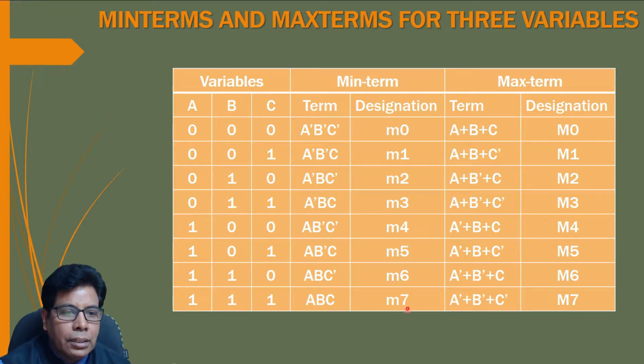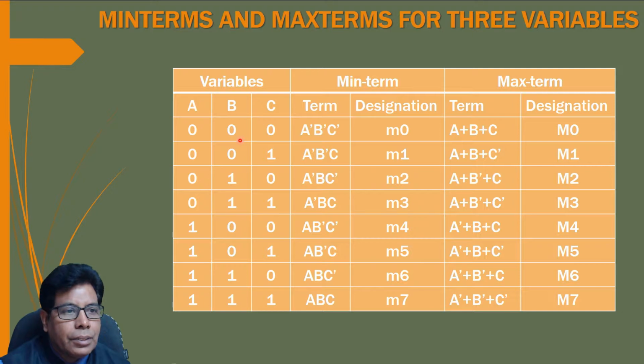Similarly, 111 is binary 7 in decimal. Similarly, we have the Maxterms which are placed here, and they are designated with capital M and the subscript 0, 1, 2, 3 up to 7.